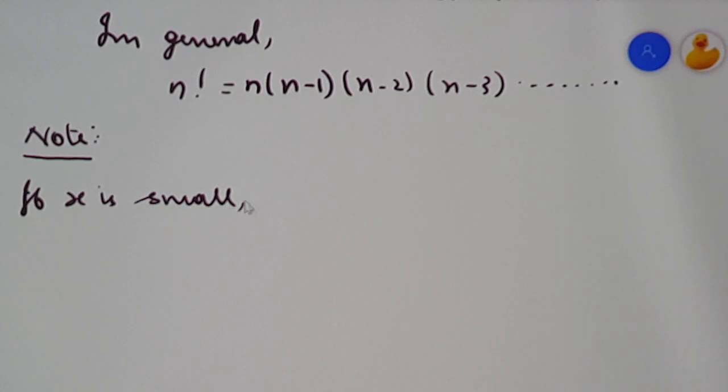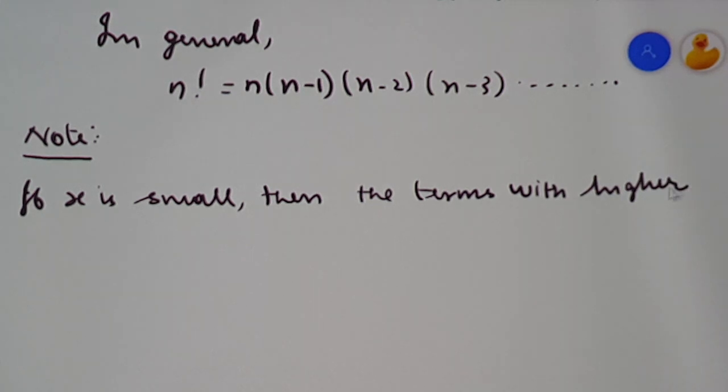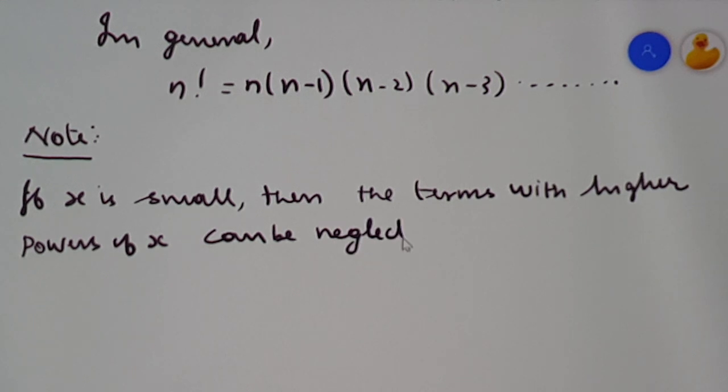If x is small, then the terms with higher powers of x can be neglected. That is, the first term of x alone will be taken, neglecting the higher powers.